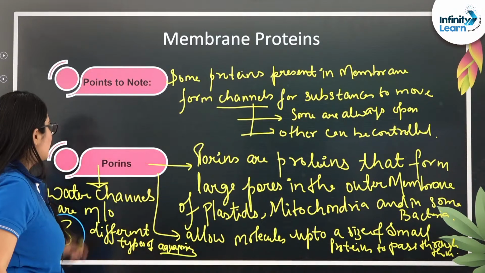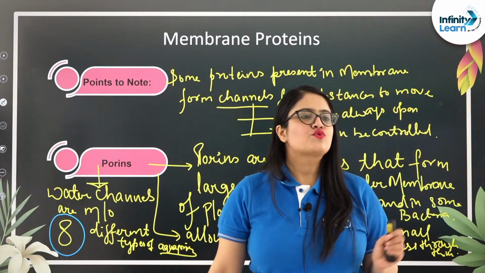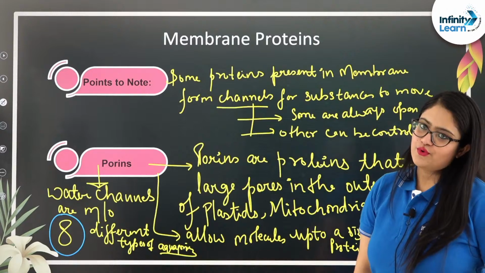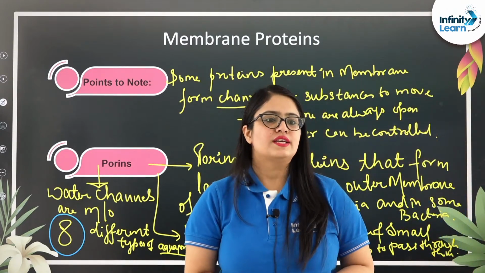Please note students, water channels are made up of 8 different types of aquaporins. So, these are the important facts that you need to remember from facilitated diffusion.